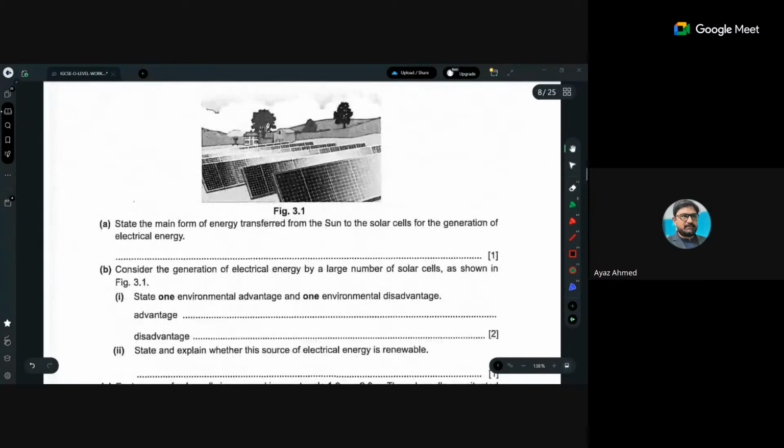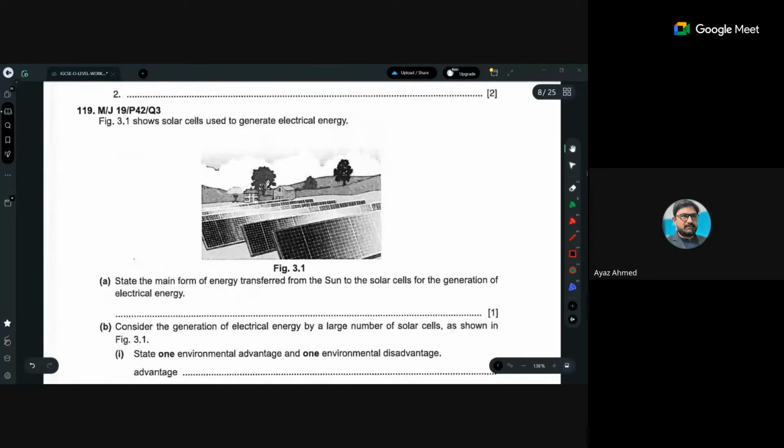Let's talk about the solar question, then I will move to the MCQs part. This is question number 119, a May June 19 question, paper 42, question number 3. The figure shows a solar cell used to generate electrical energy. State the main form of energy transfer from the sun to the solar cell to generation of the electrical energy.